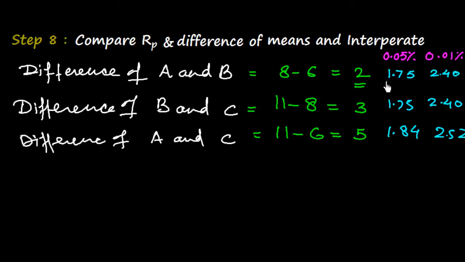So there is a significant difference between A and B. And at 1% there is no significant difference because 2 is smaller than 2.40.